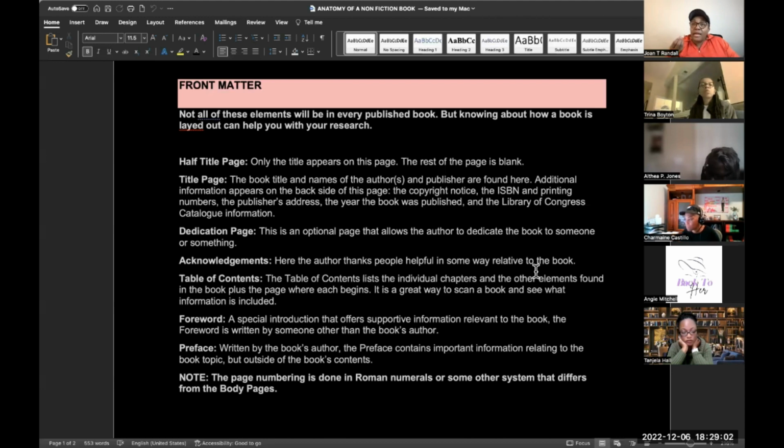Here's another thing that I want to share with you about the acknowledgements page. It does not always have to be in the front of the book. It can be in the back of the book also, at the back matter. There's some people who acknowledge the whole world. And if you're going to acknowledge like the whole world and it's going to be 3 pages of acknowledgements, do not put it in the front of the book.